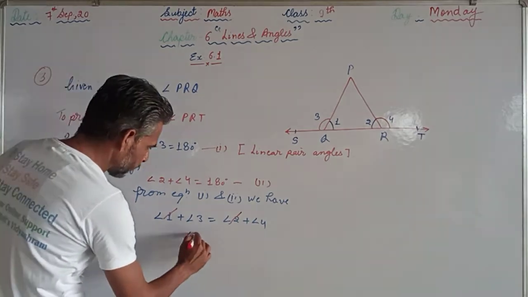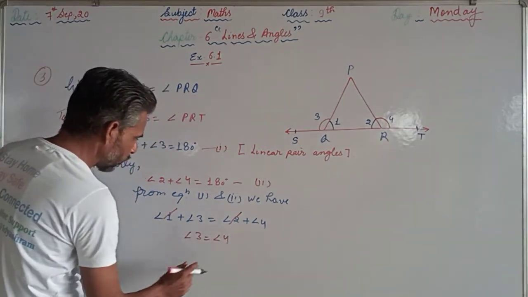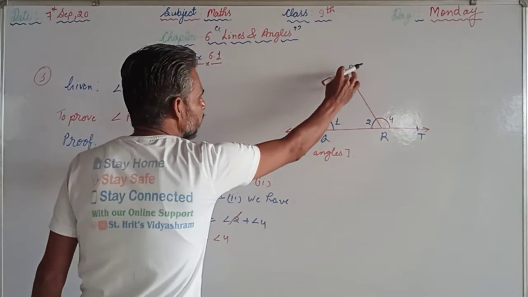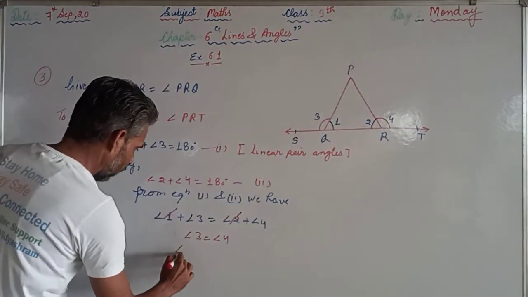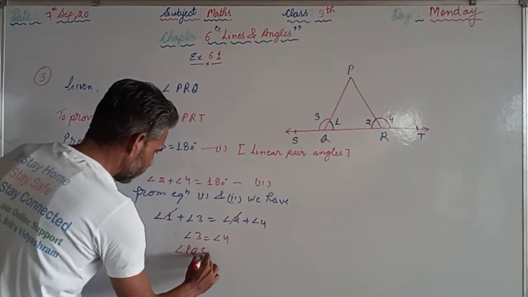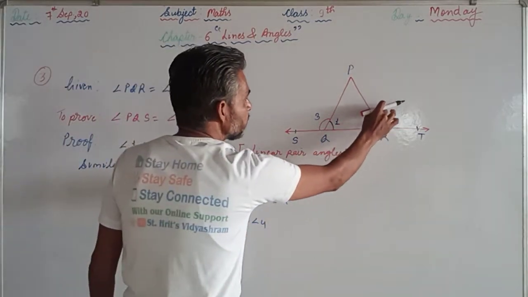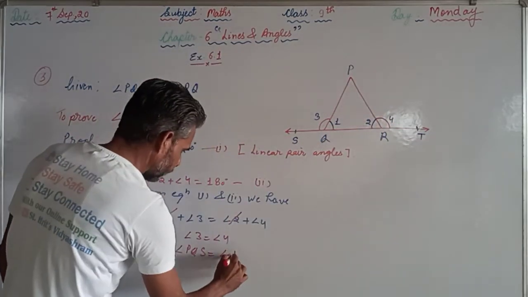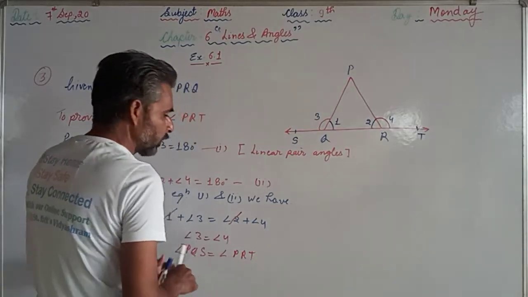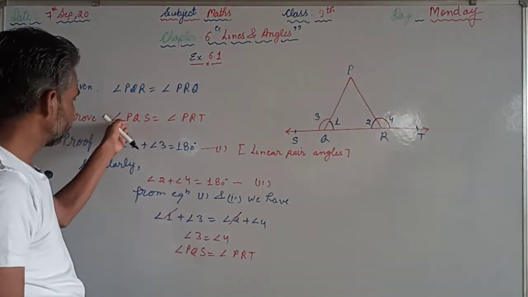So angle 3 is equal to angle 4. What is angle 3? Angle 3 is angle PQS, and angle 4 is PRT, and this we are supposed to prove.